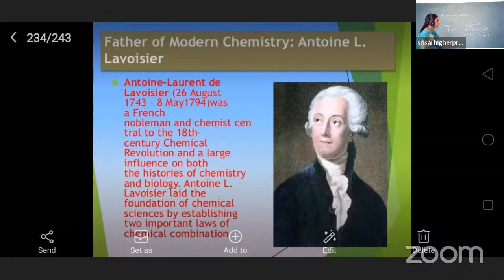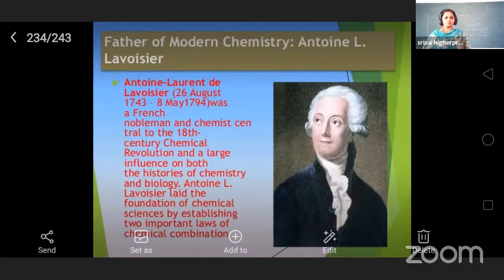Sodium chloride is salt. This is elements and compounds. Elements are made up of only one type of element, and compounds are made up of a combination of two or more elements.